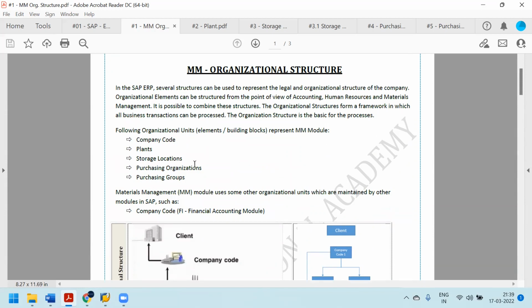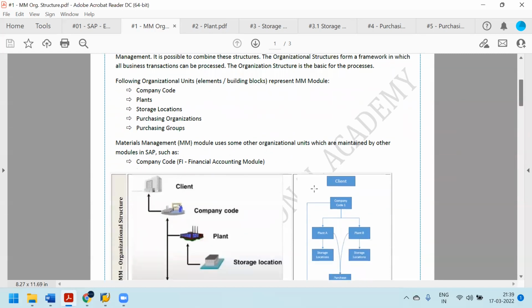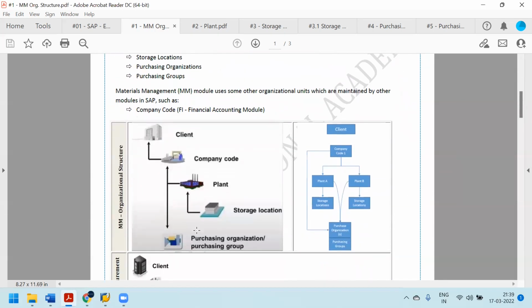So from the MM point of view, company code is an organizational unit of the FICO module, right? But as you can see, plant is assigned to company code, and purchasing organization is also assigned to company code.